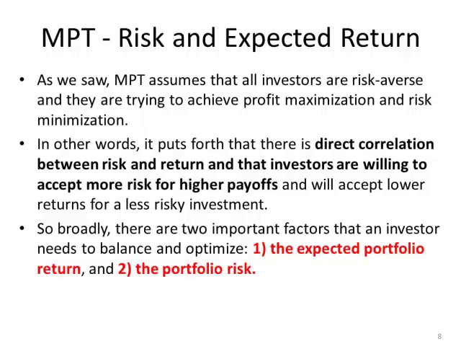And the second is the portfolio risk, right? So in this case, we can say we want to make the portfolio risk as low as possible for a given expected return. So these are the two variables that are important from the point of view of an individual investor, right? So in modern portfolio theory, it states that the investor cares about these two things, right? The expected portfolio return and the portfolio risk.